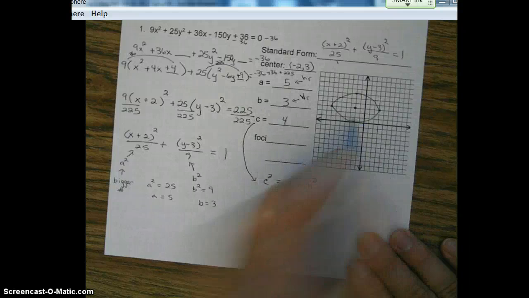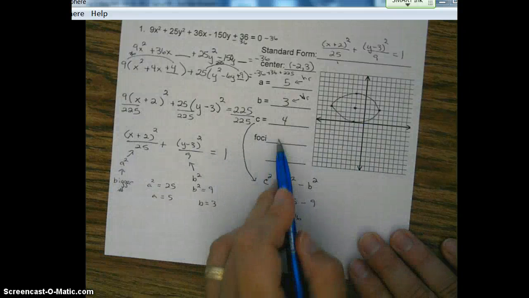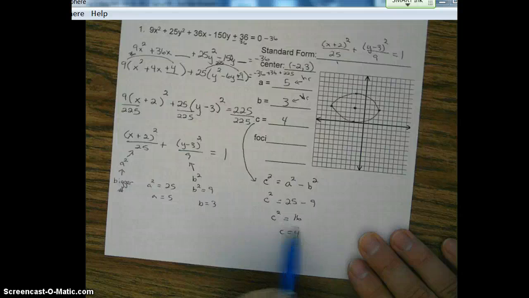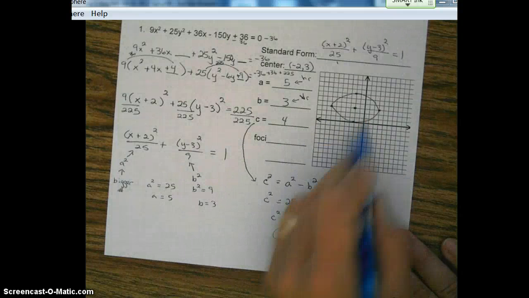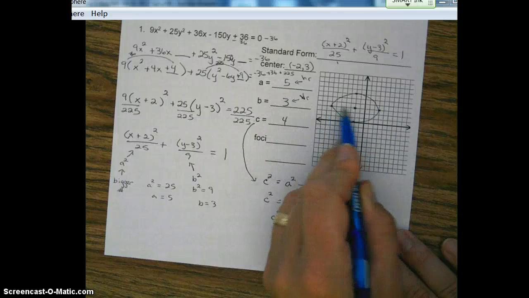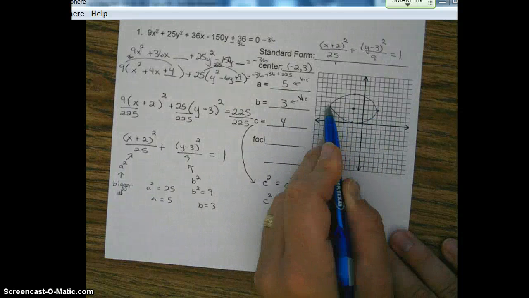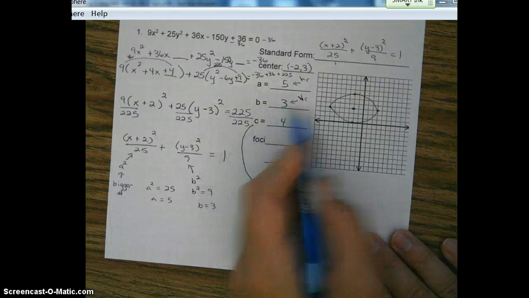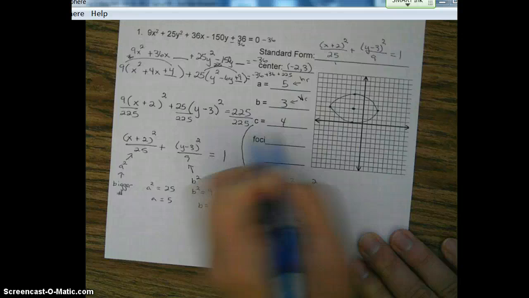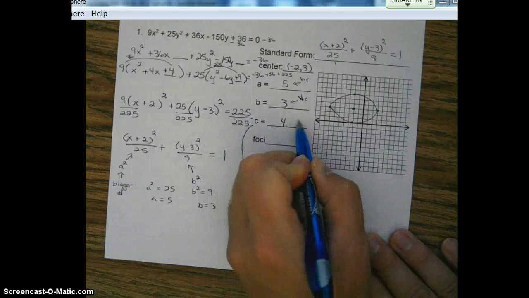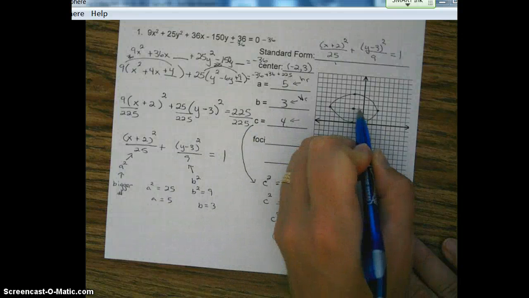Okay, now determining our foci, we use our C value, which is 4. And our foci are always going to go with the long part. So if the long part is horizontal, we're going to go from the center 1, 2, 3. Wait, it's 4. Sorry. 1, 2, 3, 4.